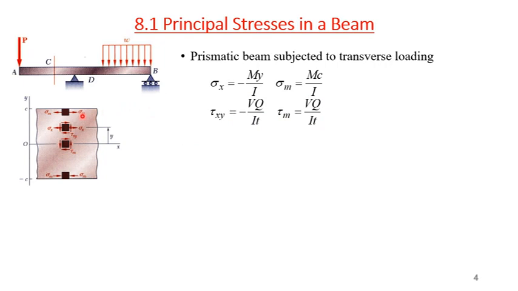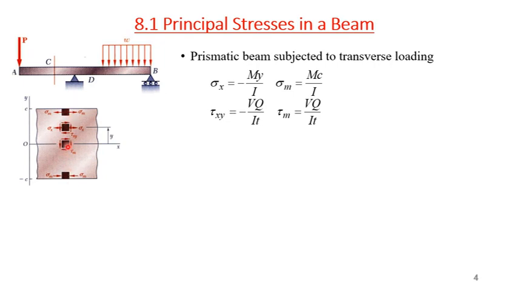If you look at the stress distribution, for example at section C, the top will be under tension and the bottom will be under compression, and there will be only normal stresses. There will be no shear stress at the top and bottom surface.